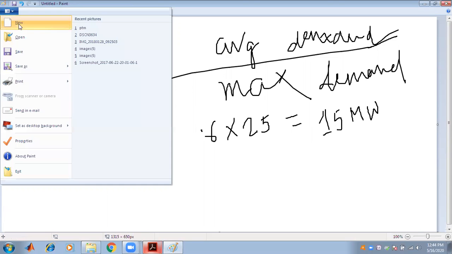Okay, so now, what is the plant capacity factor?